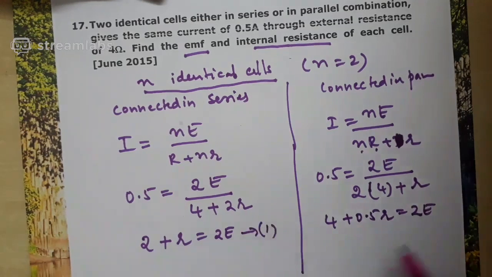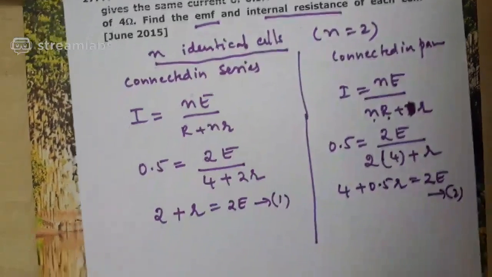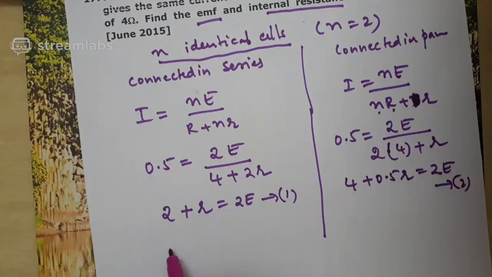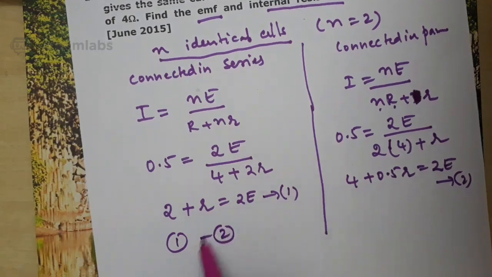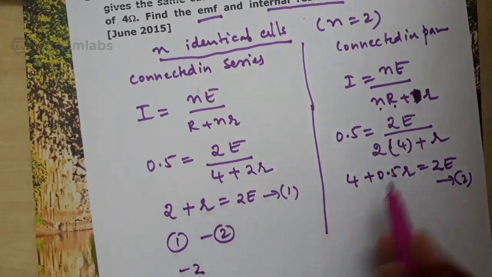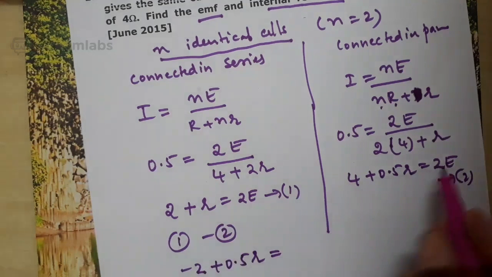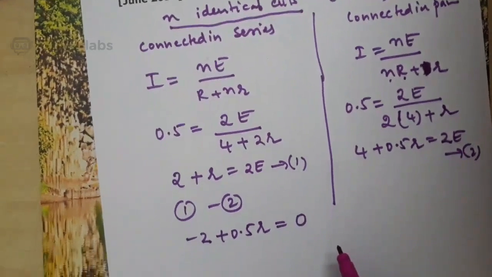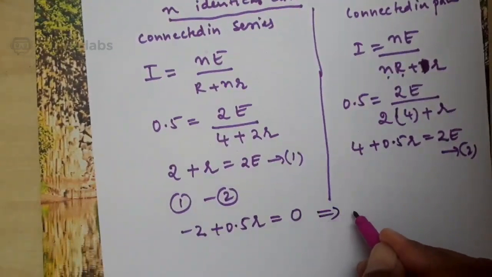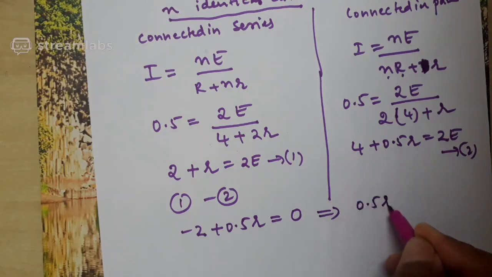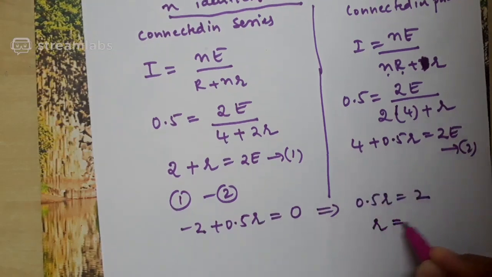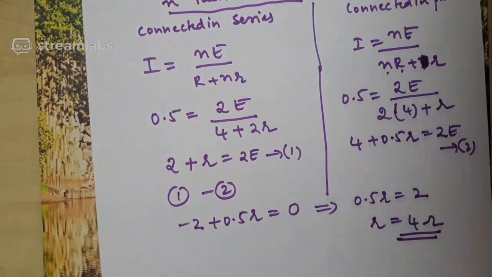Let this be equation 1. Let this be equation 2. Just do 1 minus 2 or 2 minus 1. If you do 1 minus 2, 2 minus 4, that is minus 2, r minus 0.5 r, correct? 2E minus 2E, 0. Do you agree with me? Which implies 0.5 r is equal to 2, or r is equal to how much? 4 ohm, correct?